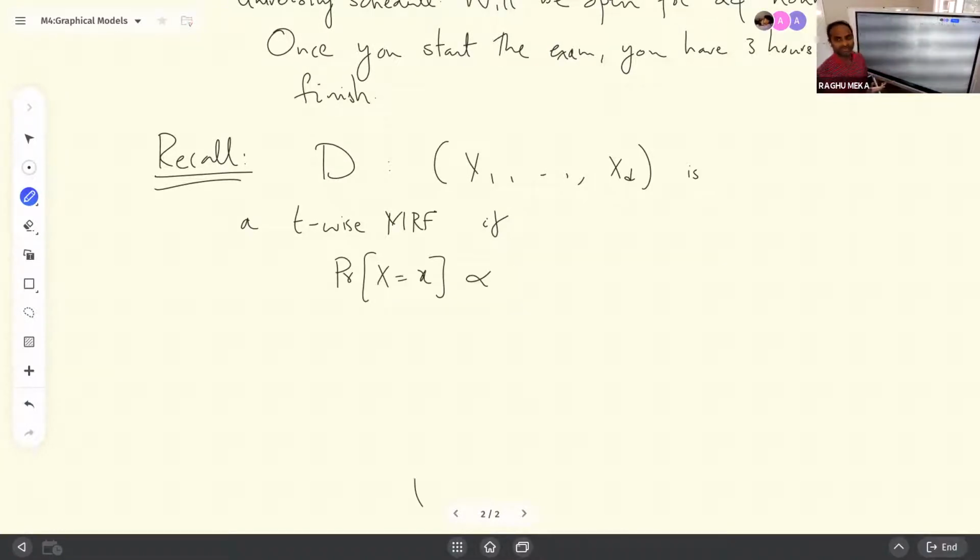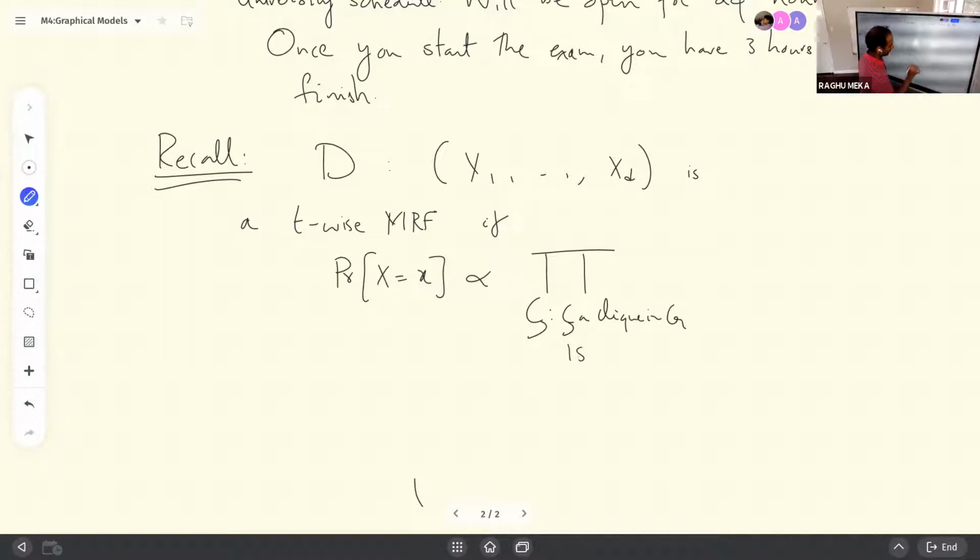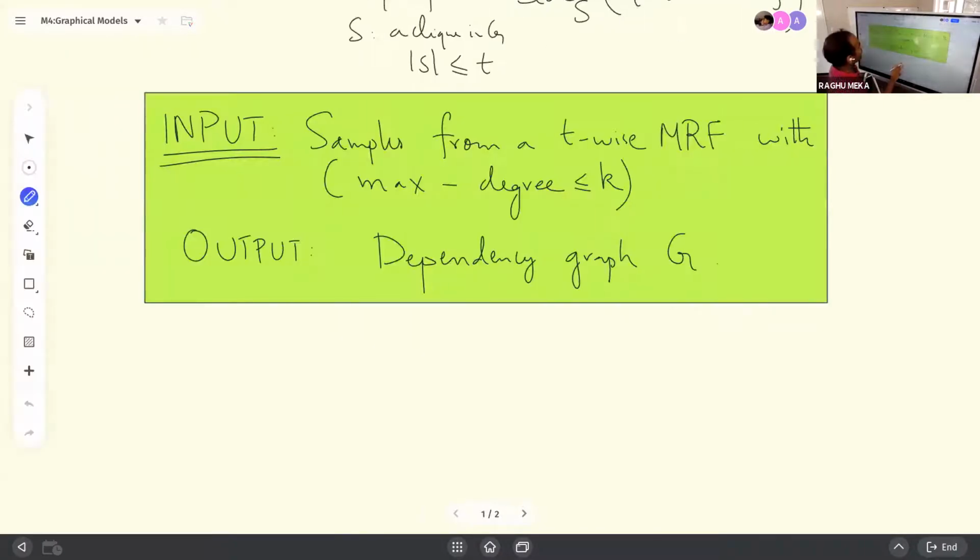It's called a factorization because you're writing it as a product of things, over each clique S in G with size of S at most T, of the score. What was the letter that I used in last class?